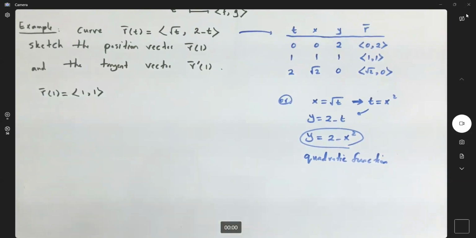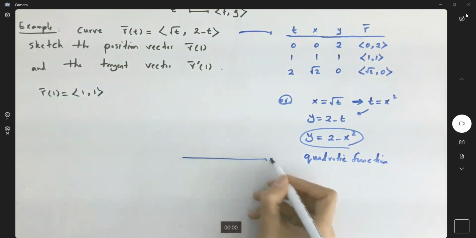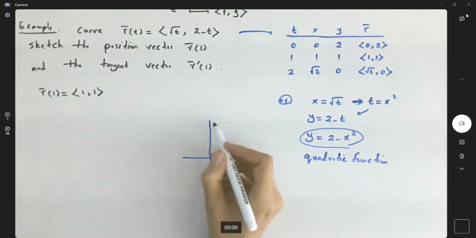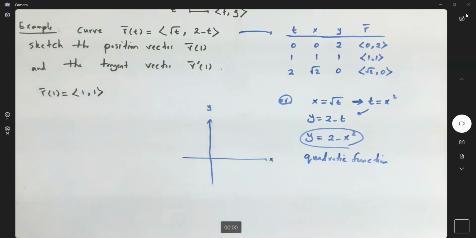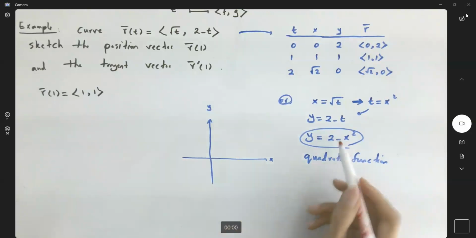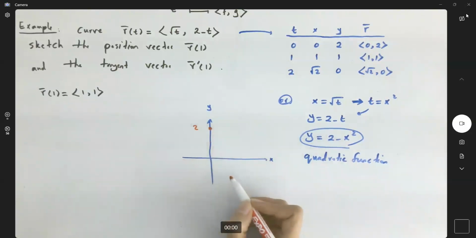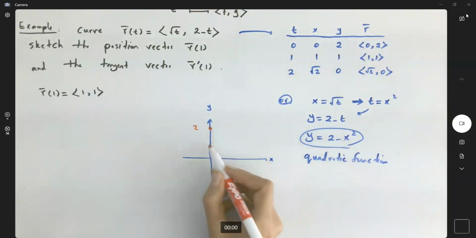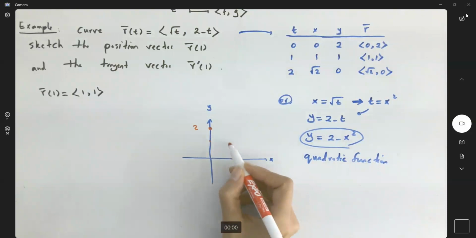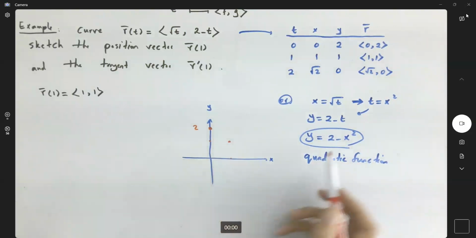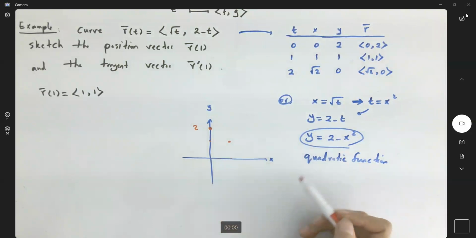So the graph of x and y, some part of it is going to behave like this. At 0, you have 2. At 1, you have 1. So let's just graph this: 1, 1. And then when your y is equal to 0, you get x squared equals plus minus 2.